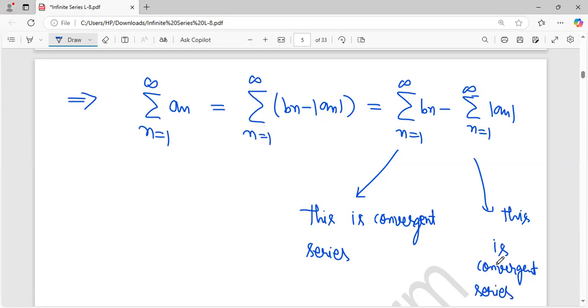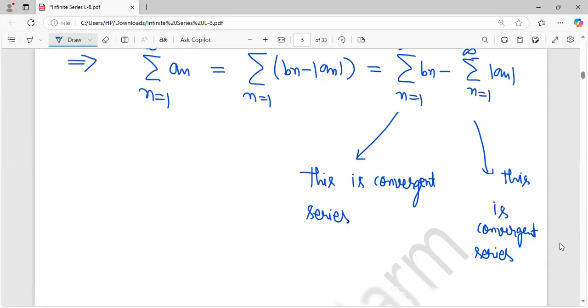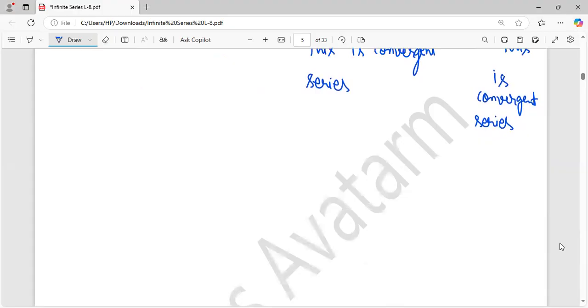And the difference of two convergent series is convergent. So this implies summation a_n is convergent.